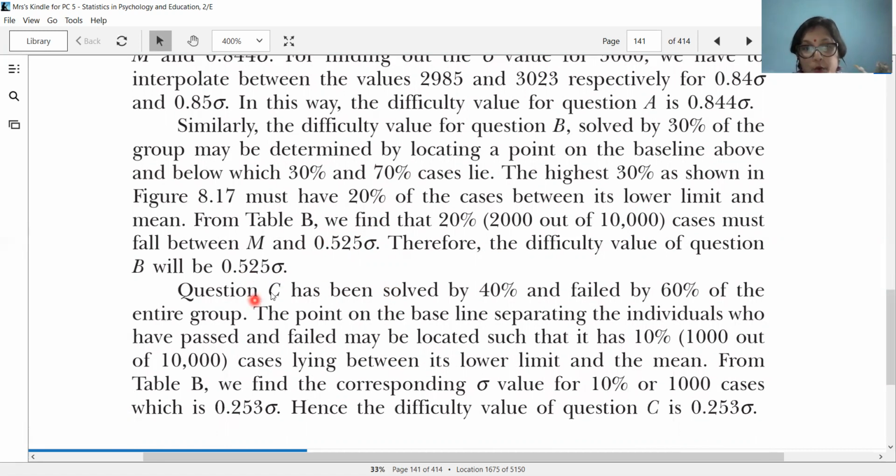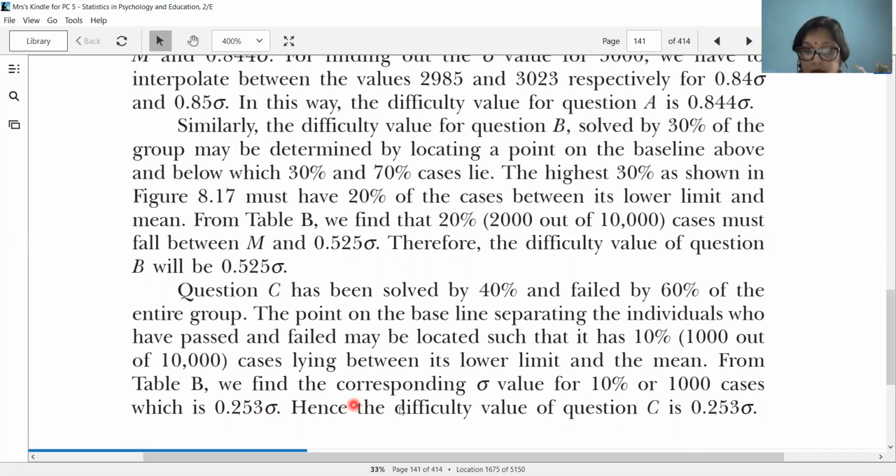Now question C is solved by 40%. Okay, it means we need to find out the sigma value for 10% or 1000 out of 10,000 cases. And we get the sigma value for 10% or 1000 as 0.253 sigma.